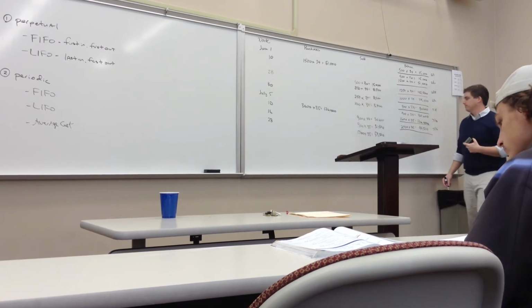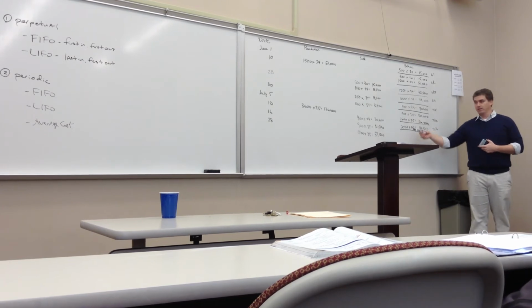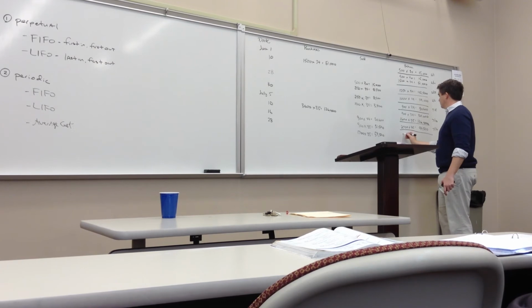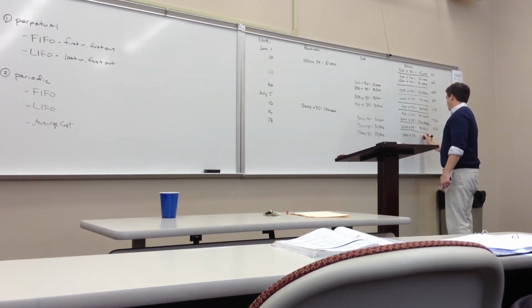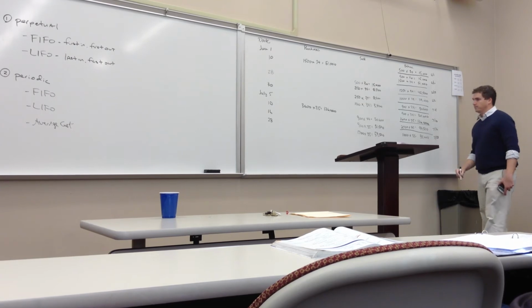So what's left over? Well, before that sale, I had 2,700. I just sold 1,700. So what's left is 1,000. And they all cost $35. So my new inventory balance is $35,000, and that's on July 28th.